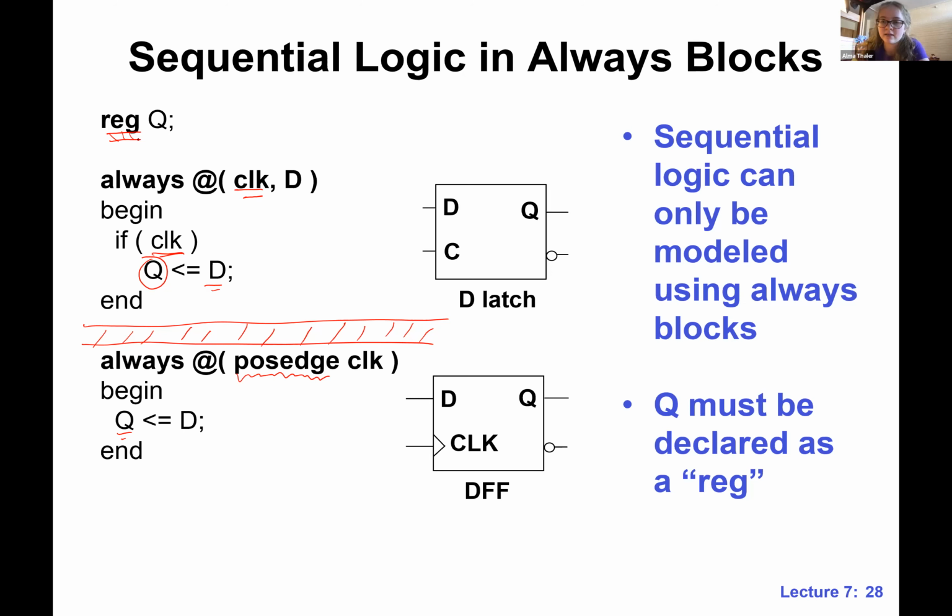Yes, good question. That's fine. You can use an always block to describe one module, and then you encapsulate it using the module, and then you can instantiate it in a higher level module. And this can be hierarchical, and you can do however many levels you want.